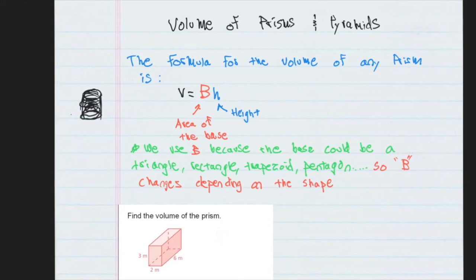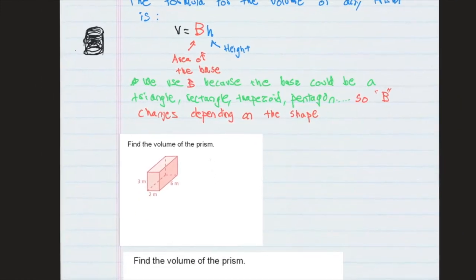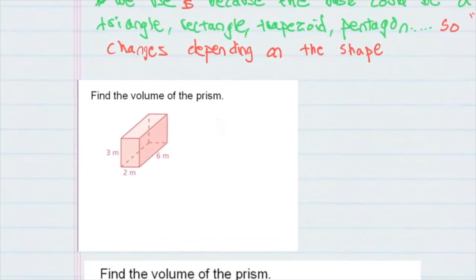Take example one here. We've got a rectangular prism whose base, let's highlight that in green, is a rectangle. The area of that rectangle would be 2 times 6, or length times width, which is 12. Imagine you have all of these rectangles stacked up until they fill up this whole rectangular prism.